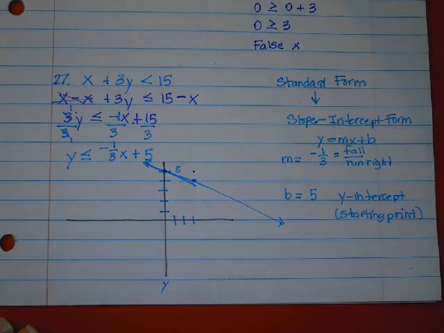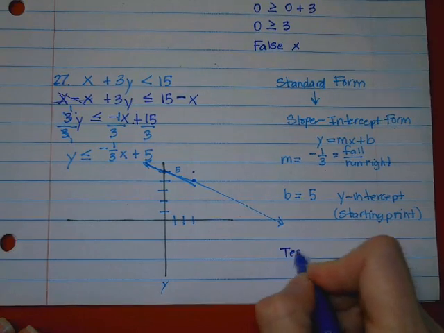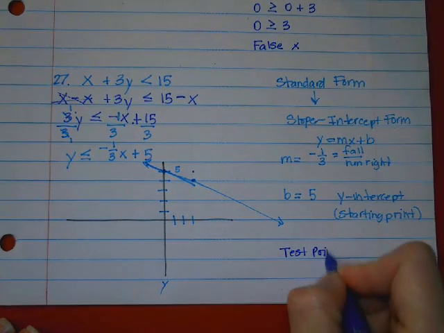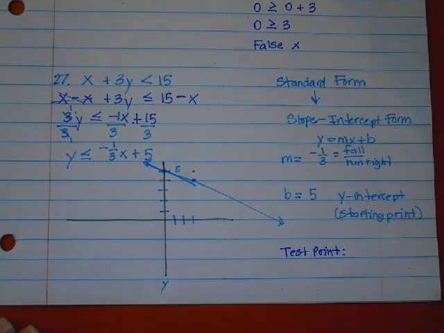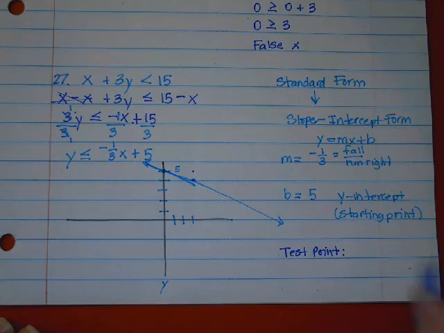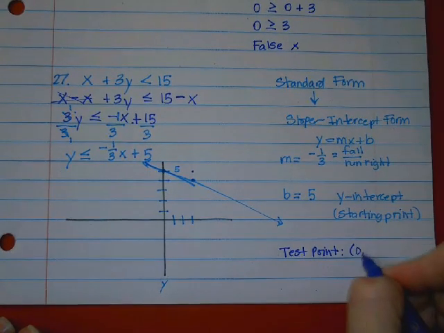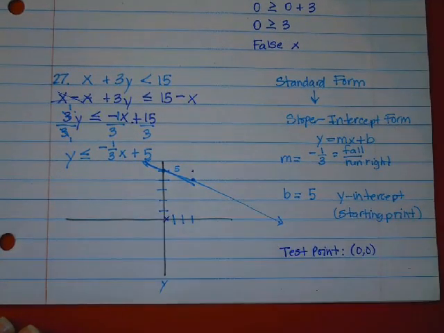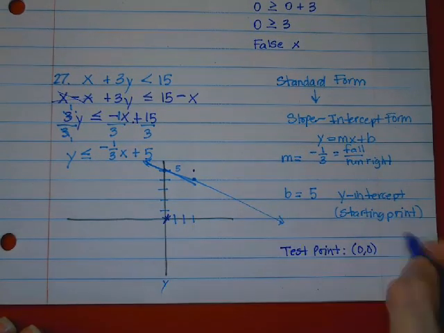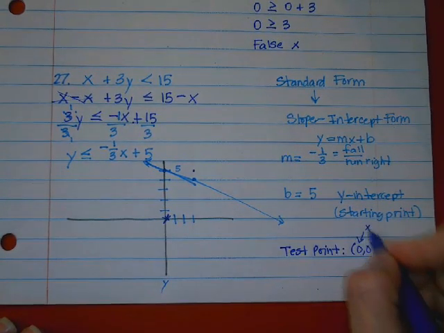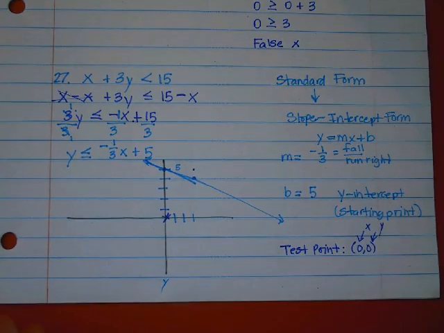All right, so now what do I need? That's correct, Mia. I need a test point. Okay, what do you want my test point to be, Shai? That's right, 0, 0. Because this graph does not cross through the 0, 0 marker. So my x will be 0 and my y will be 0.